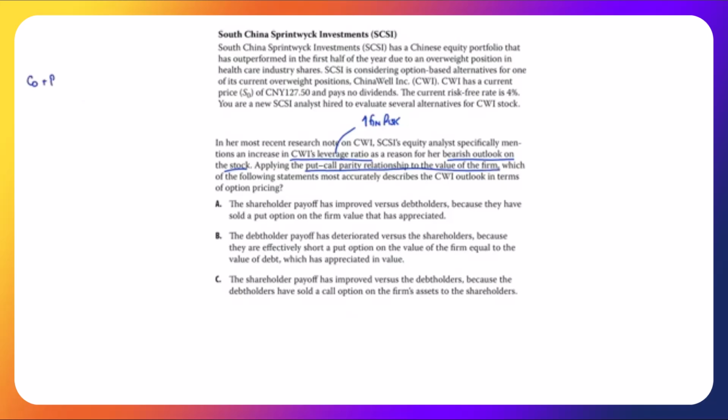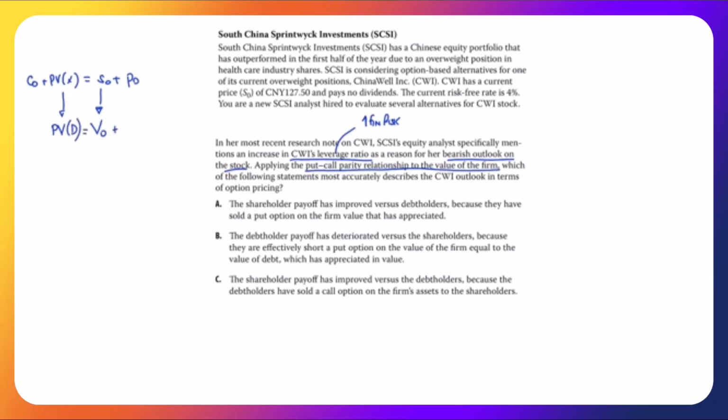C0 plus PVX is S0 plus P0. We're going to use the value of the firm. So the underlying here, instead of being a stock, is the value of the firm. The strike price, we're going to put in as the face value of debt.